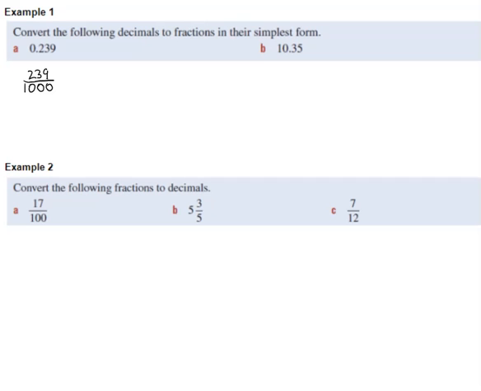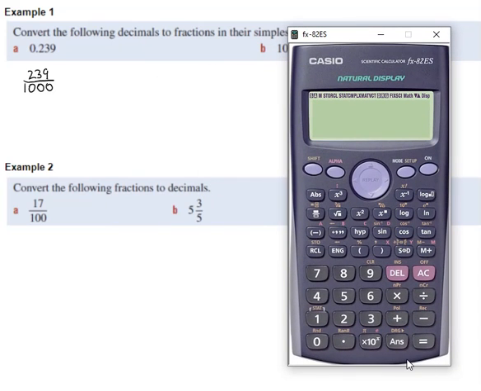Let's see if I can find my calculator. Here it is. So if I do my fractions button and put 239 on the top, and then on the bottom put 1,000, and press equals, it doesn't simplify. So there's nothing common that goes into 239 and 1,000, so that is our answer.